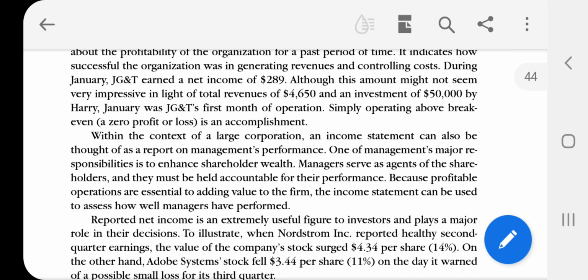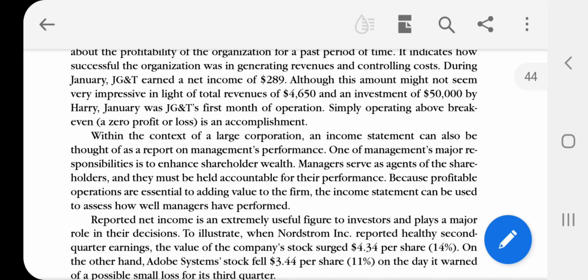And if we look at it as a large corporation, then the income statement can also be looked at as a report of management performance. One of management's major responsibilities is to enhance shareholder wealth.